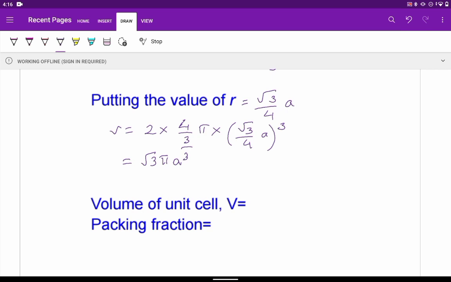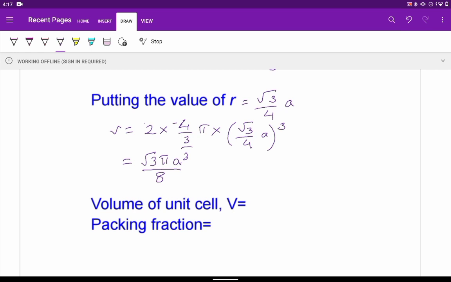Now 4 cube is 4 into 4 into 4. One 4 will cancel with this 4. And this 2 also will divide another 4. So we will be left with 4 into 2 in the denominator, that is 8. So on solving this we get root 3 pi a cube divided by 8.